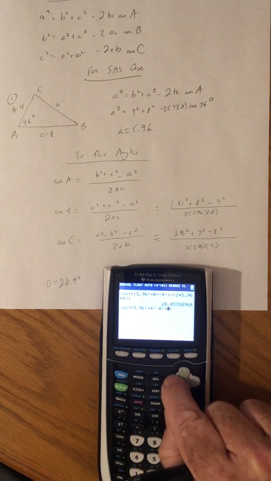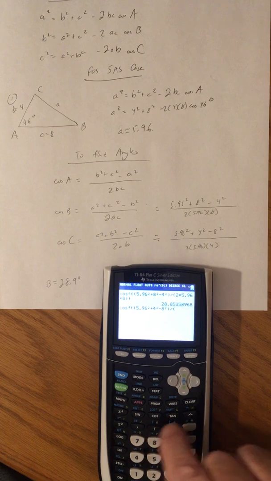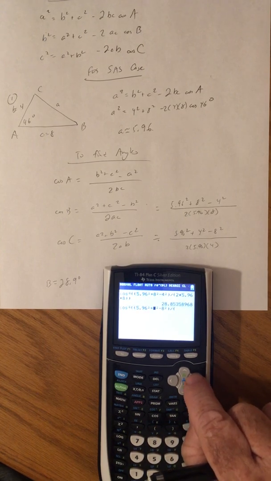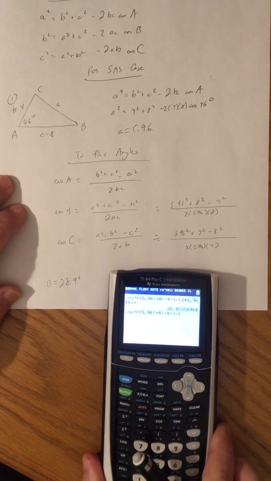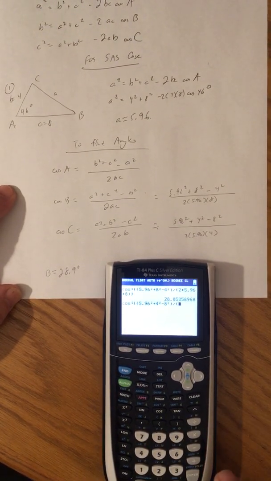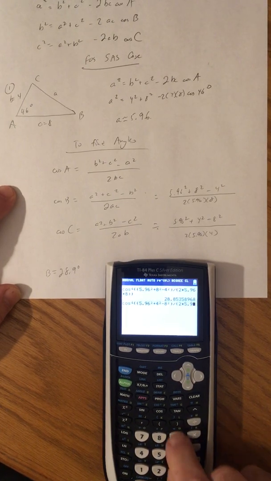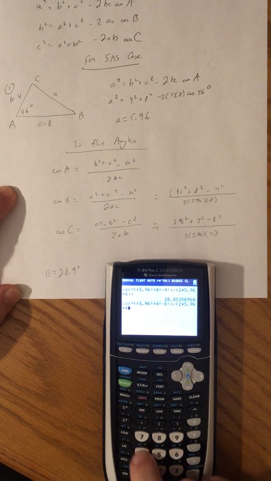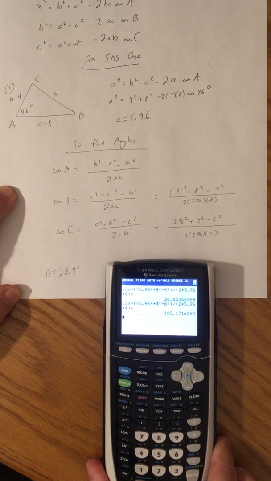Whoops, you know what I did? I forgot to put this in there. You need double parentheses here. If you make a mistake, it'll be obvious. So, okay, on the bottom I need 2 times 5.96 times 4. Okay, so that is 105.2.